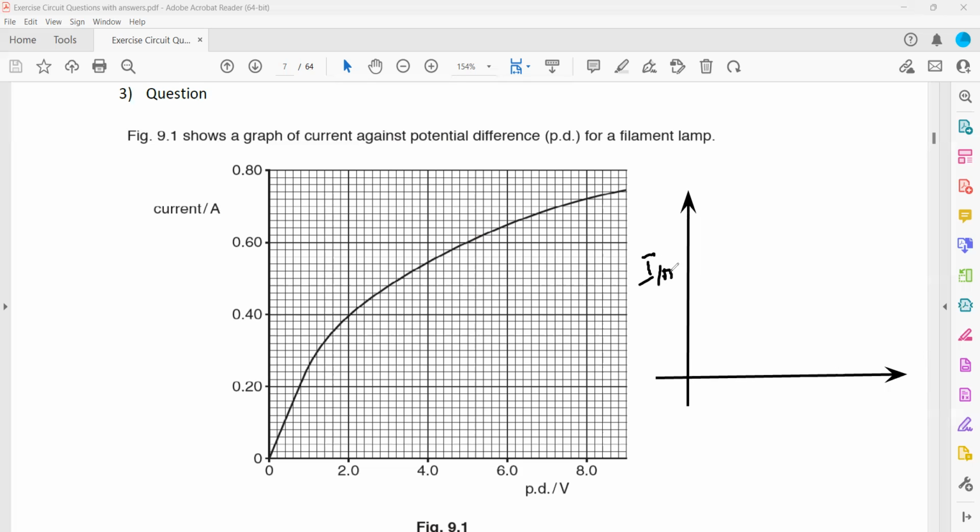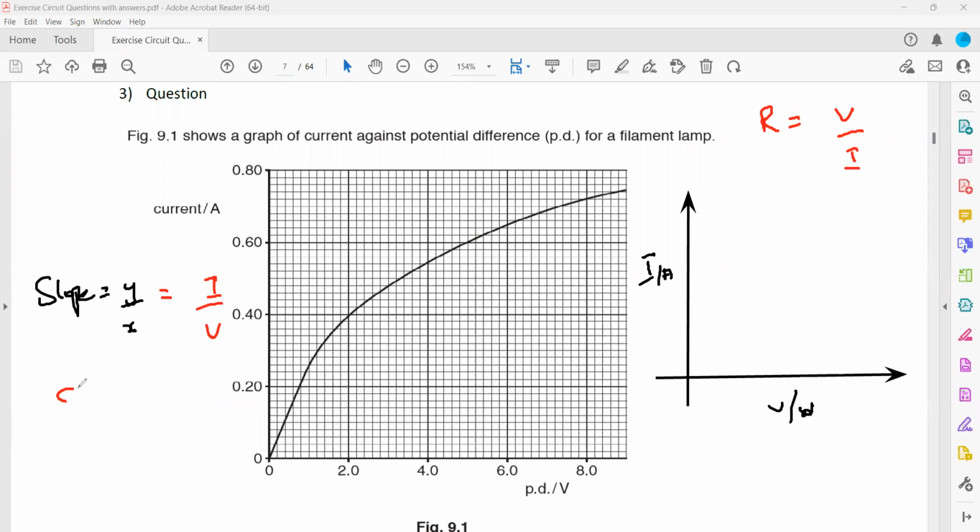How do I know that the slope is the reciprocal of the resistance? Because the slope is equal to the quantity on the y-axis divided by the quantity on the x-axis. Which quantity is on the y-axis? Current. And which quantity is on the x-axis? Voltage. So it's I over V. And we know resistance R is equal to V over I. So resistance is a ratio between voltage and current, but here slope is I over V. It's the opposite of that.